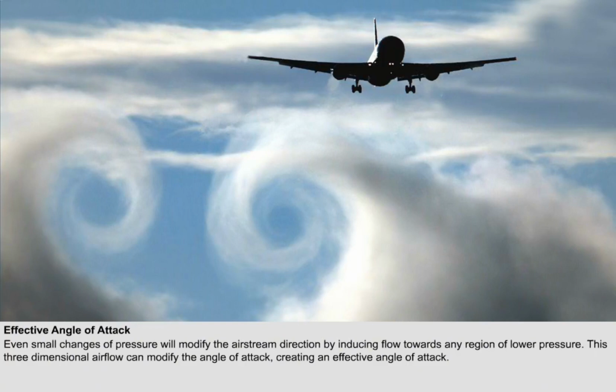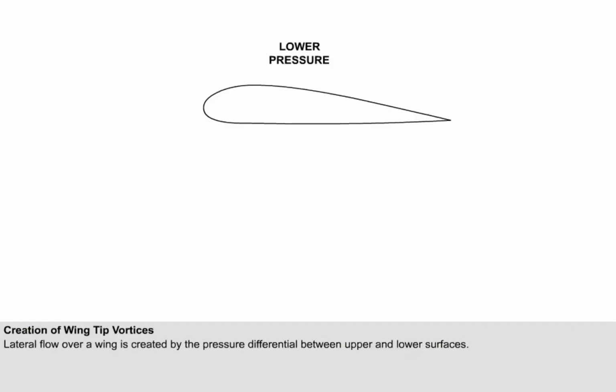From now on, instead of just the aerofoil section, we will be considering the entire wing. And as a precursor to the next few lessons, you will need to be familiar with the terminology associated with wings. As mentioned in the last lesson, the third dimension in the airflow over a wing, lateral flow, is created by pressure differentials.